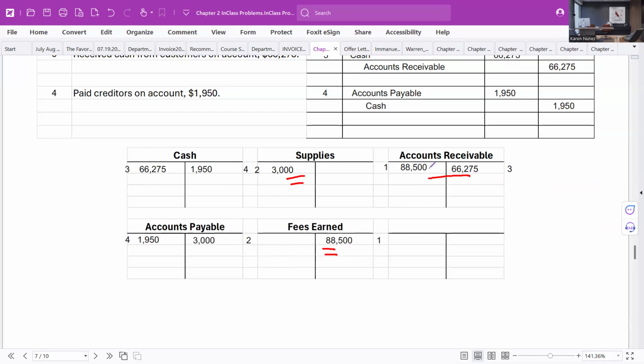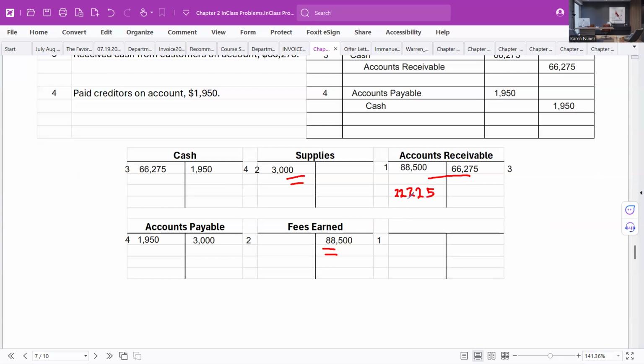So if we want to know what the balance is in accounts receivable, it's the 88,500 minus the 66,275, right? So this larger number minus the smaller number results in a balance here of 22,225.